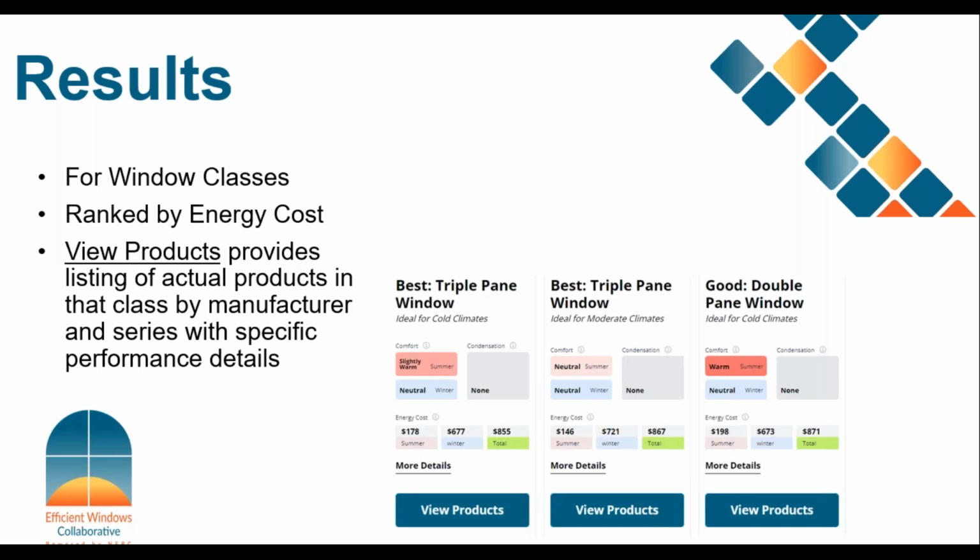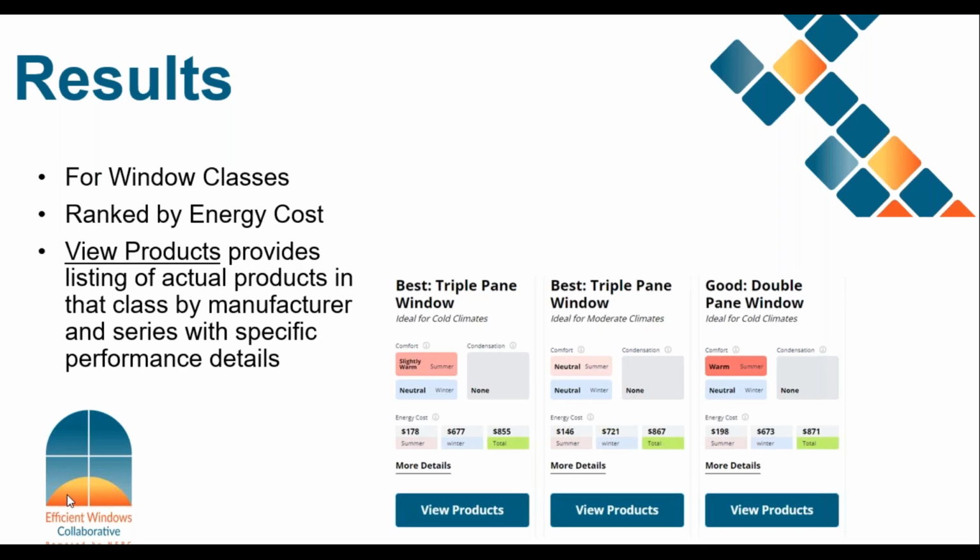So the results we're reporting here are representative of that entire class, not the specific product that you would see later on. They are reported and ranked from lowest energy cost up to highest, so you will see the most cost-efficient window as the first return in the list.